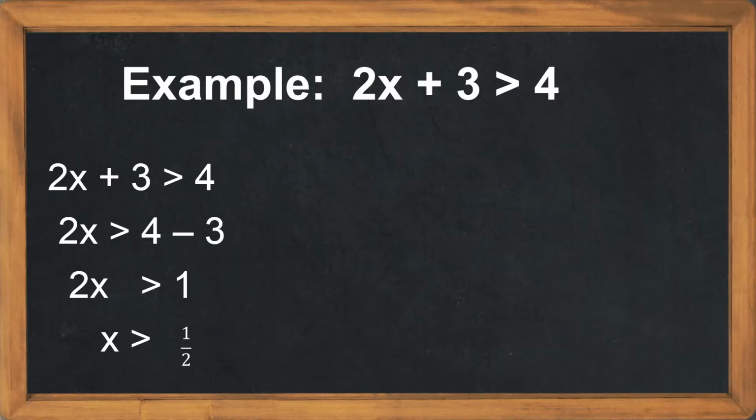Now, after solving, we have to represent this value on a graph. So, first of all, you put the axis. Half is between 0 and 1, and as you can see, it's an open circle because we don't have "or equal". It's strictly greater than 1 over 2, and you draw the arrow to the right side because it's all the positive numbers.